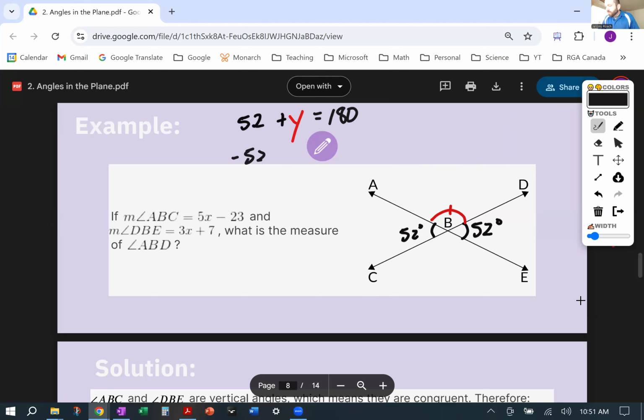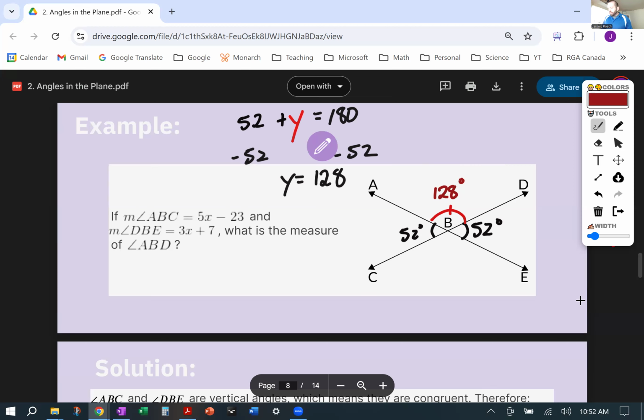Now we minus 52 on both sides. And 180 minus 52 is going to give us 128. So this angle B is 128 degrees. So again, make sure you're double checking what the question is asking.